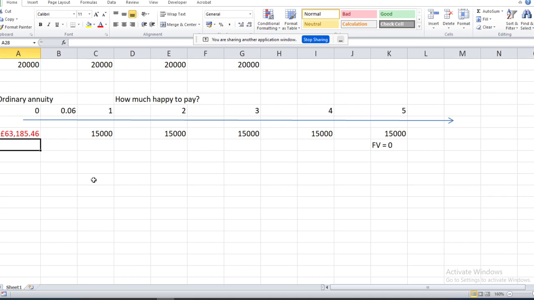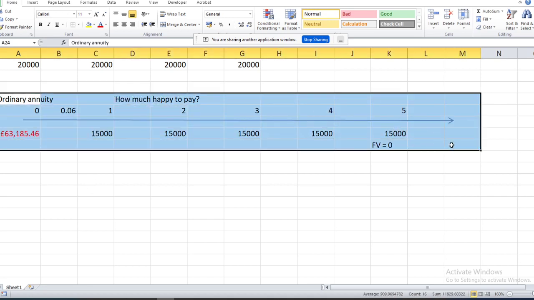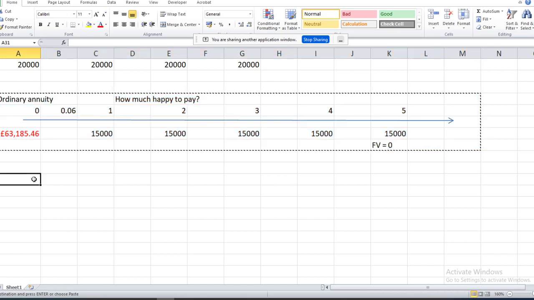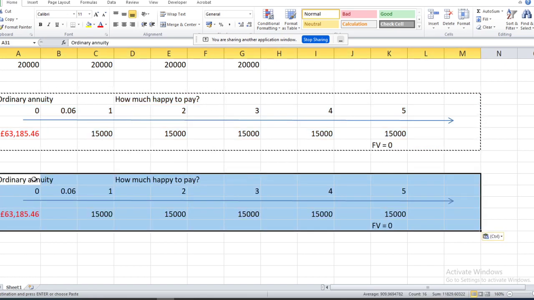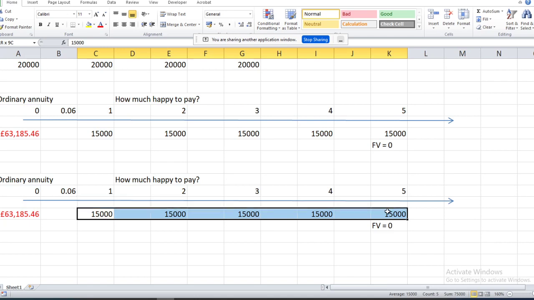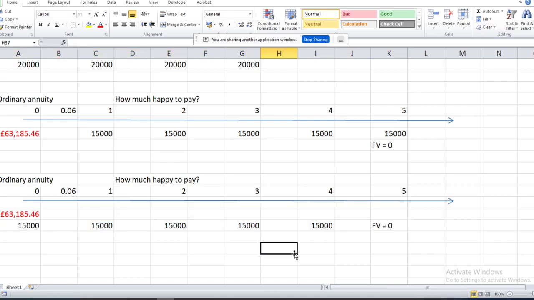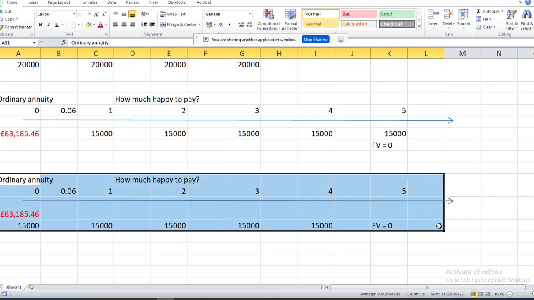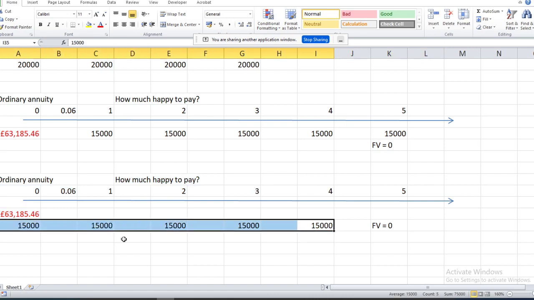Now let's have a look at a very similar example with annuity due, just to see the difference. Control C, Control V. Let me move these payments one period to the left. Everything is the same, all the numbers are the same. The only thing is that these regular payments happen at the beginning of each period.